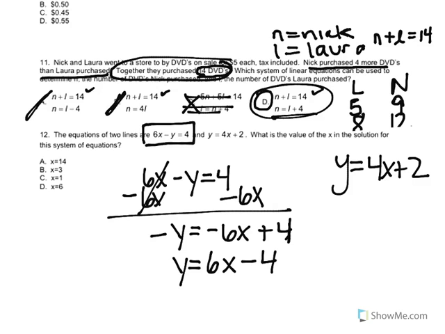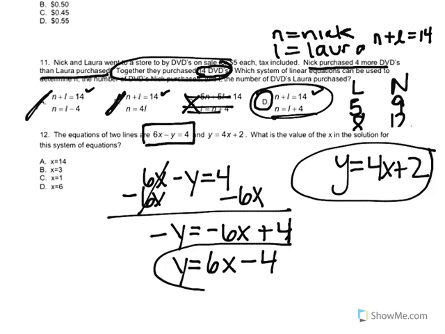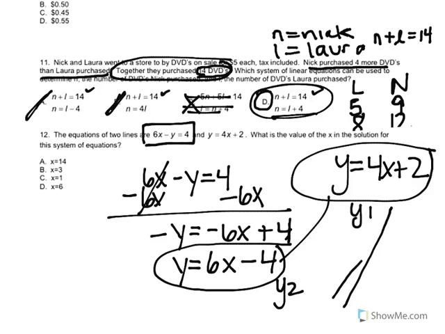And so now here are our two equations. y equals 4x plus 2, y equals 6x minus 4. I'm going to put one of them into y1 on my calculator, and the other into y2. Then I'm going to hit graph, and you're going to get two lines, and you're going to find the intersection point.